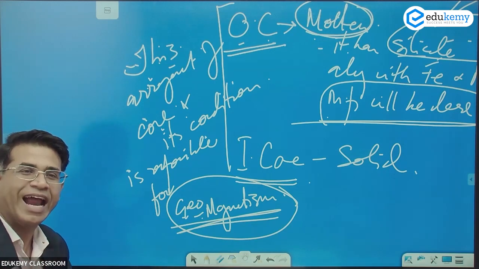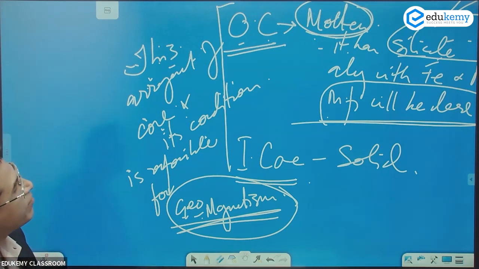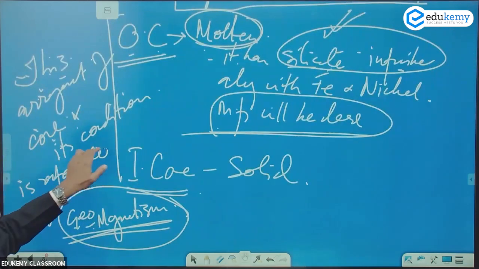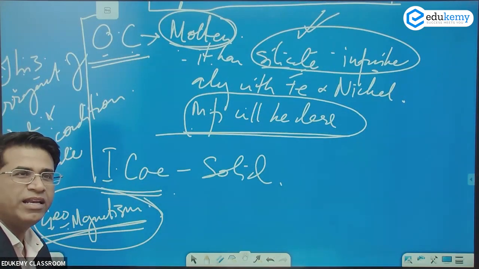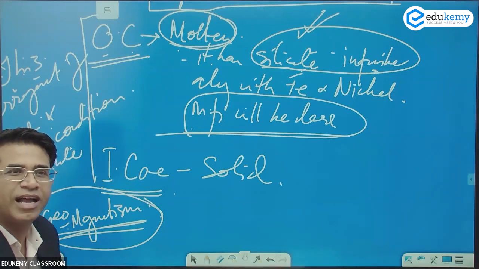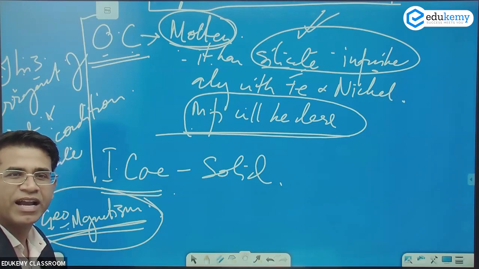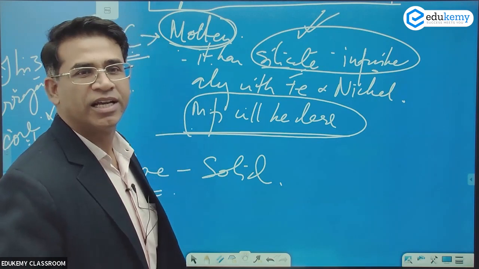You will not add any more concepts than what I am adding here. Second line, after impurities: along with iron and nickel. It's molten. It has silicate impurities along with iron and nickel.